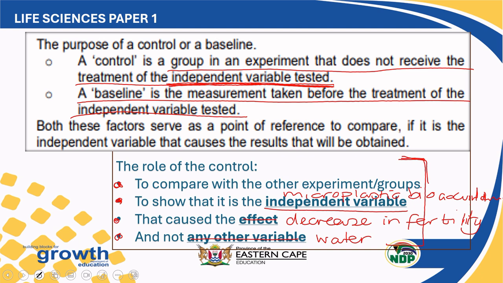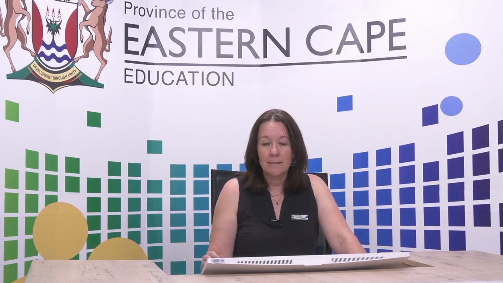The reason we take that baseline measurement before they eat the food is so that we can compare and show that it is the food that is affecting the glucose levels, and not other factors that might affect that person. So a baseline is the same person or sample that we are using, before the treatment, whereas a control is a completely separate group to those that we are doing the experiment on.